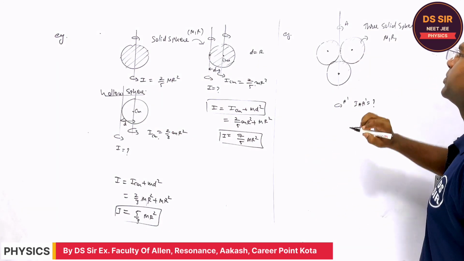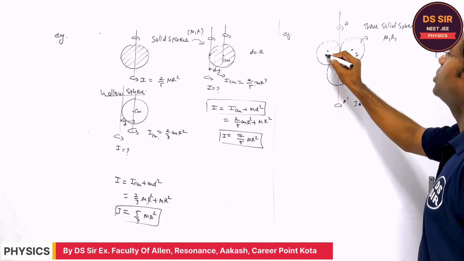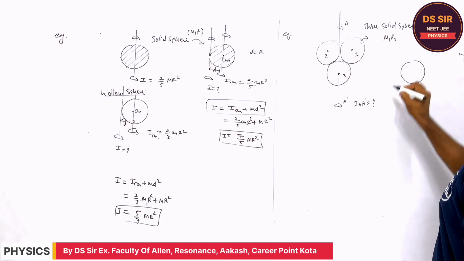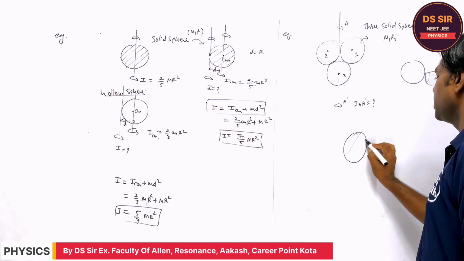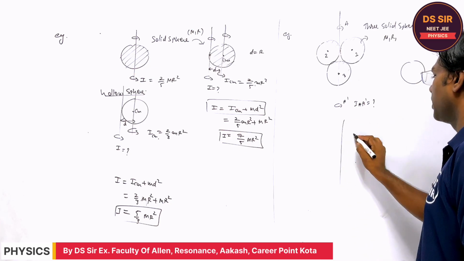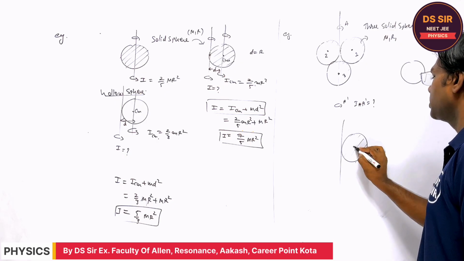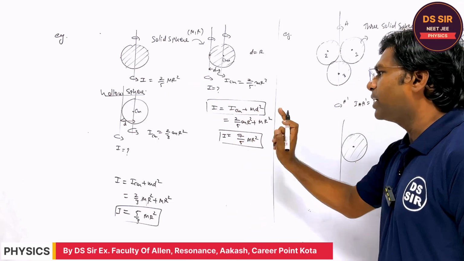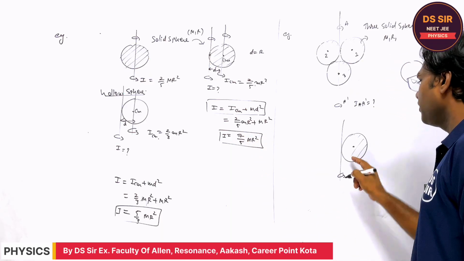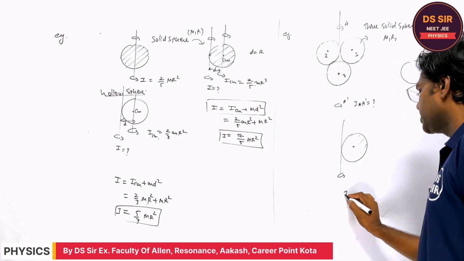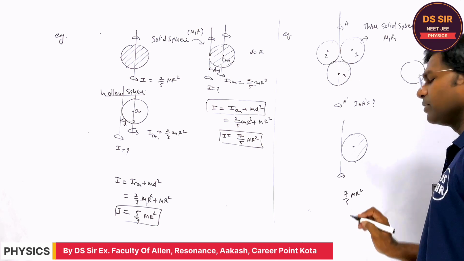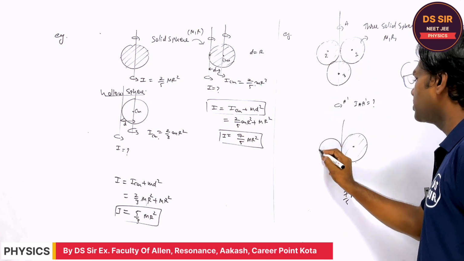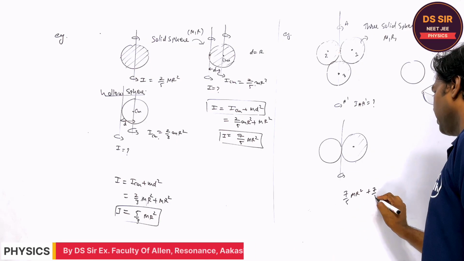If you consider this the 1, 2 and this the 3. If you consider the one solid sphere about this axis, we have found for the solid sphere I_CM plus MR square, that is 7 upon 5 MR square. And for this one, 7 by 5 MR square.